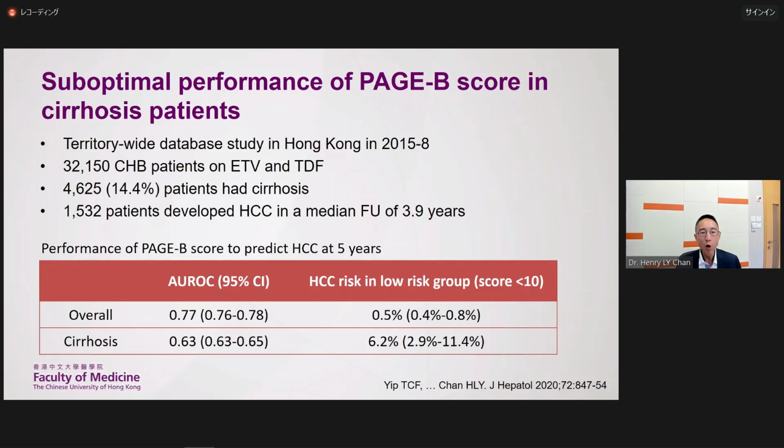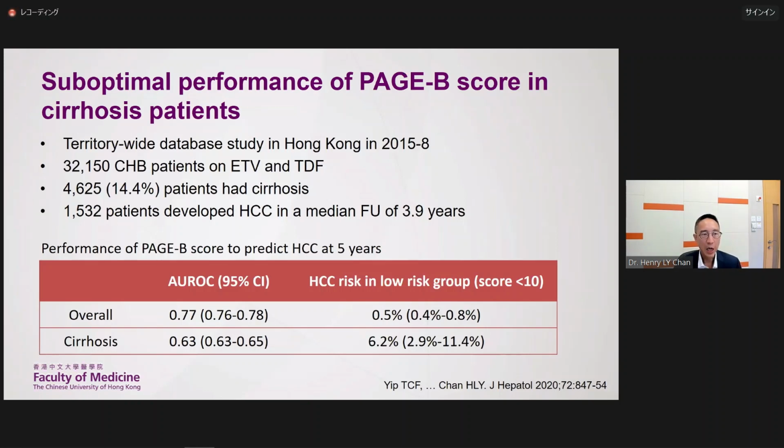When we look at overall population, the PAGE-B score had a reasonable performance with AU-ROC for HCC of 0.77. And in a low-risk group, that is the PAGE-B score less than 10, the risk of HCC in 5 years was only 0.5%.